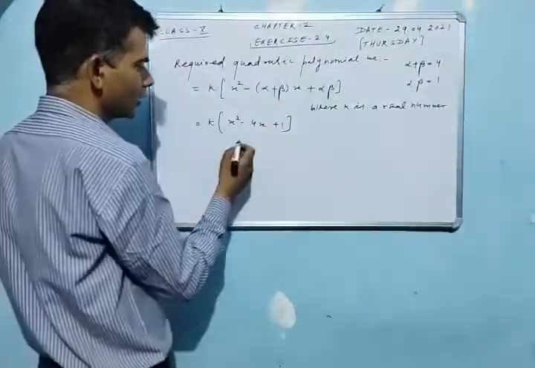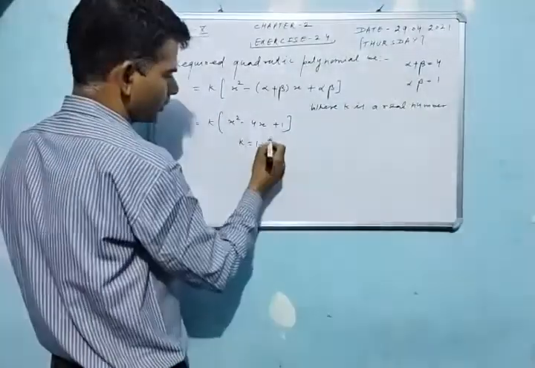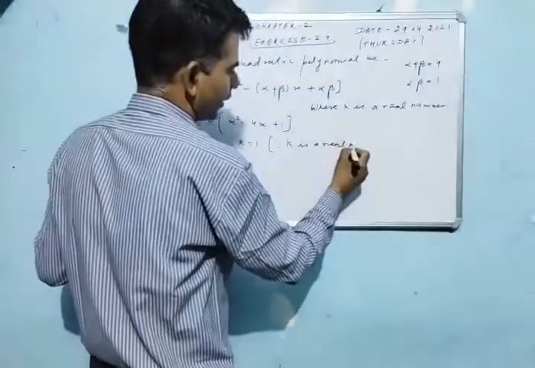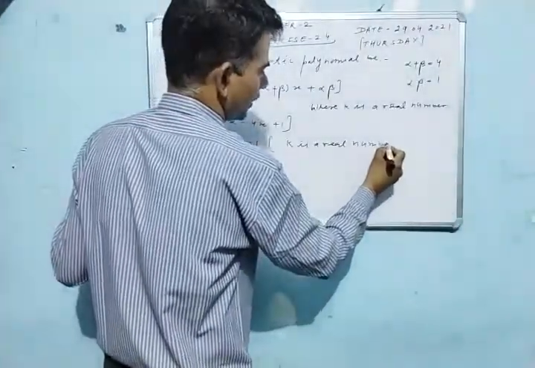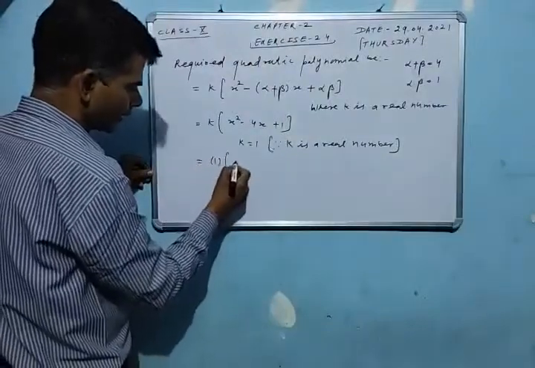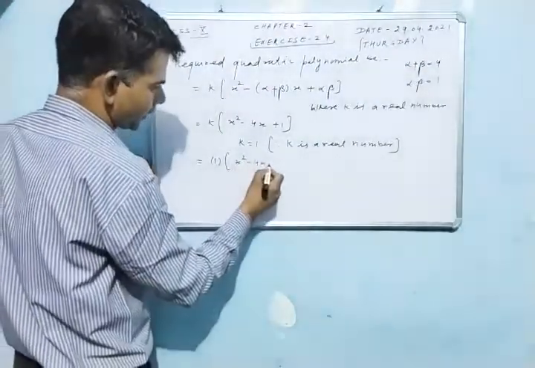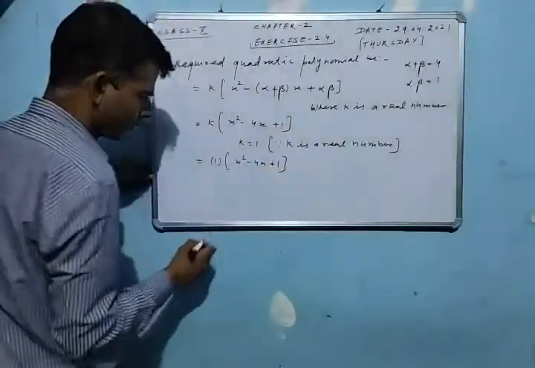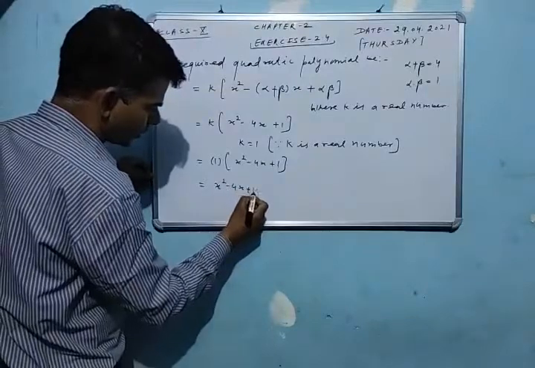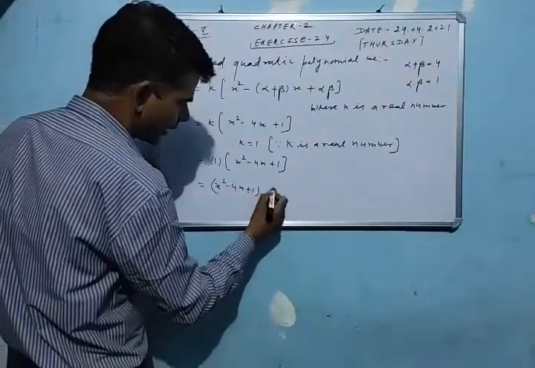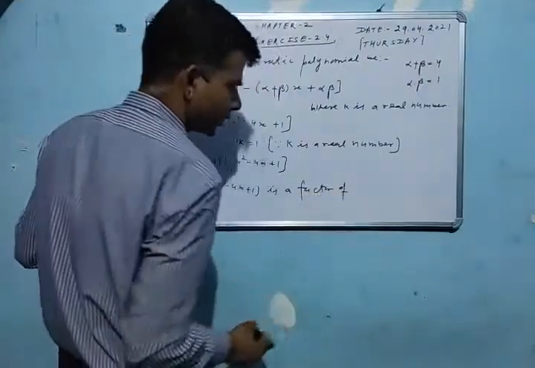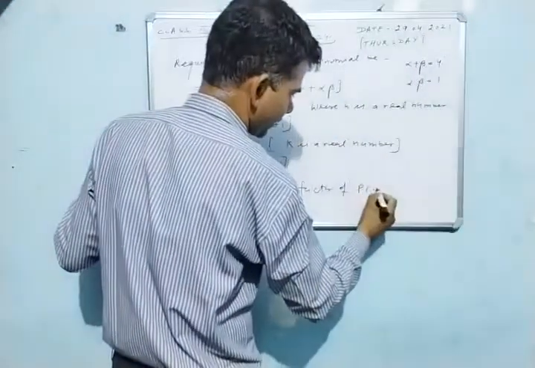Students, K is equal to 1 because K is a real number. Then it is 1 bracket x square minus 4x plus 1. Now students, x square minus 4x plus 1 is a factor of the biquadratic polynomial p of x.